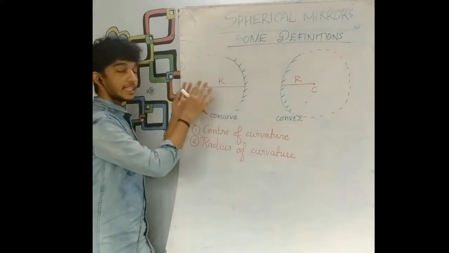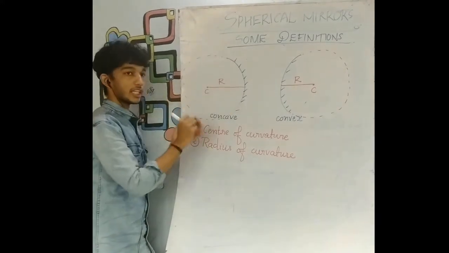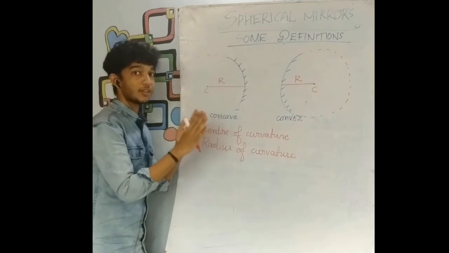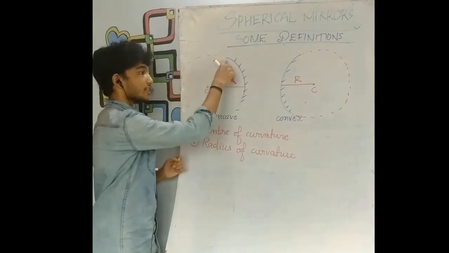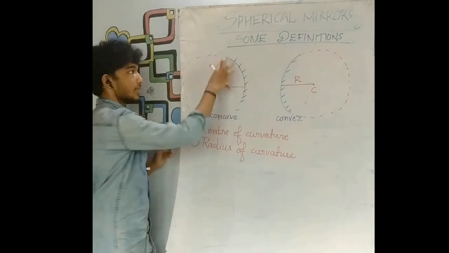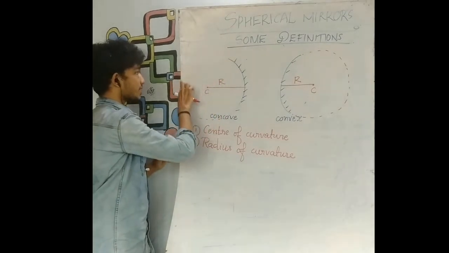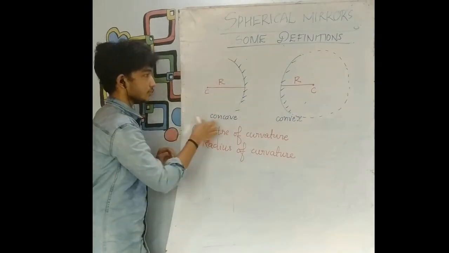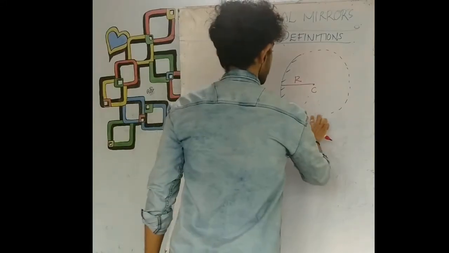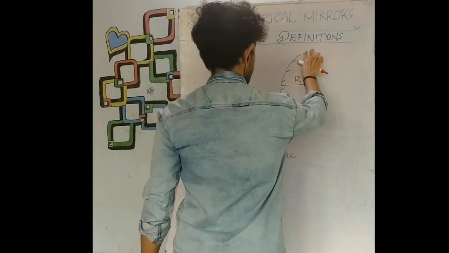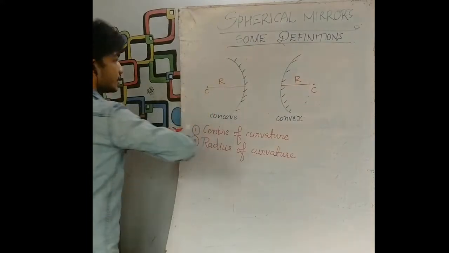That means the radius of the sphere of which the concave mirror was a part is known as the radius of curvature of the concave mirror. Now let us remove this imaginary sphere. We have discussed two terms: center of curvature and radius of curvature.